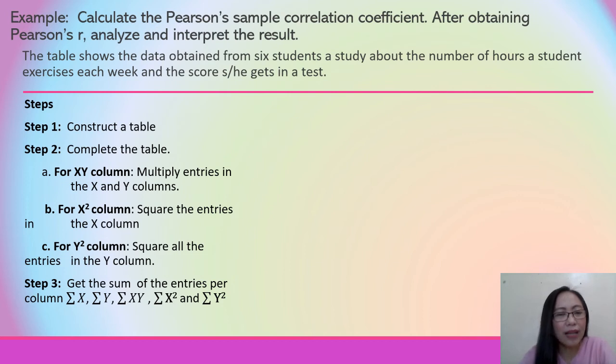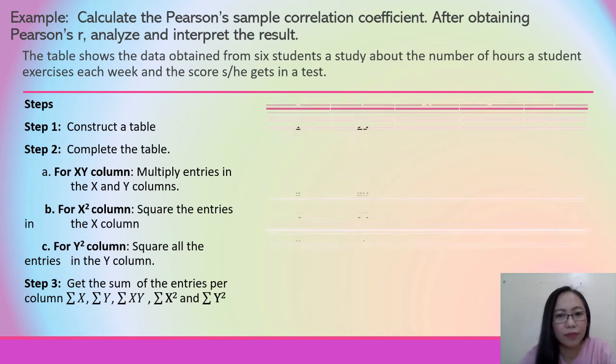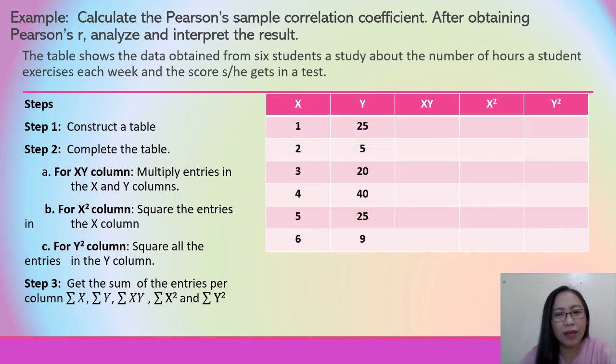So let us look at the steps that we have. Recall the steps that we had discussed earlier. Prior to this lesson video, we had calculated Pearson's r and we followed these steps. So we will follow these steps. Now, the first step is to construct a table. So we have here the table.